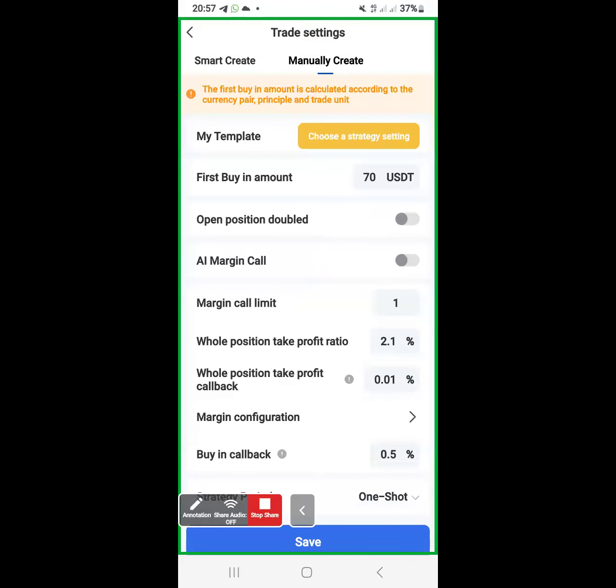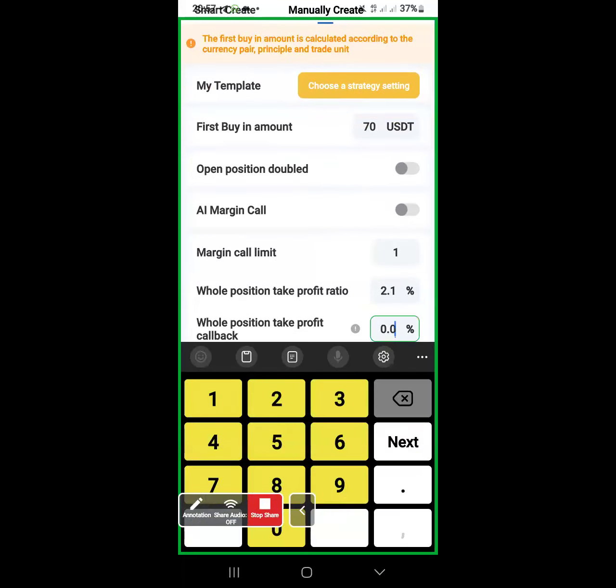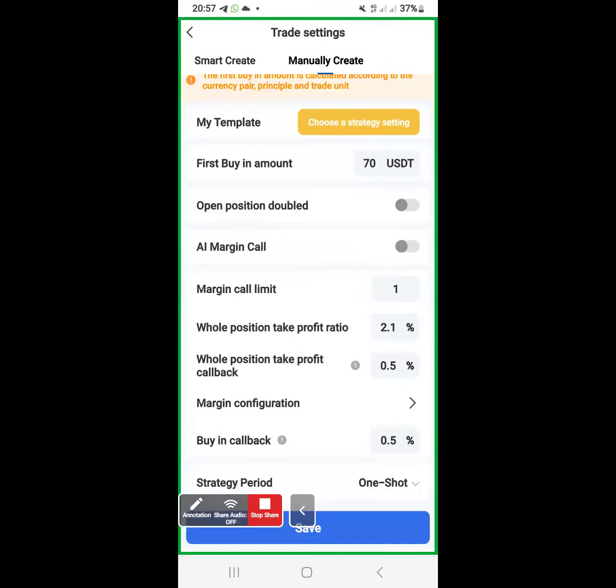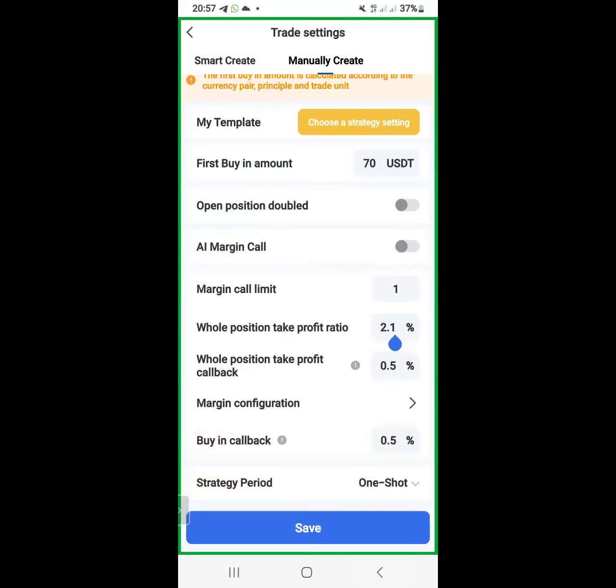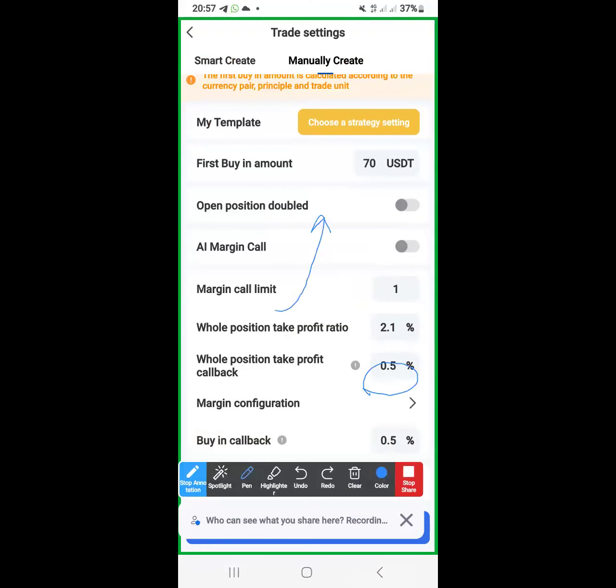And imagine if we had maybe 0.5 as our wall position take profit callback, and our take profit is 2.5. Let's assume it was, okay, it is 2.1. It means that from the point of entry, from the average price, the robot is going to monitor the rise in the market price.